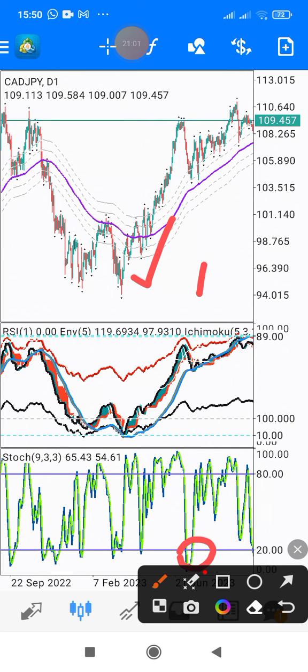So when it comes back to our level 20 on this lower chart, window 2 indicator chart, and then we mark that point, then we go to our lower time frames to do our entry.